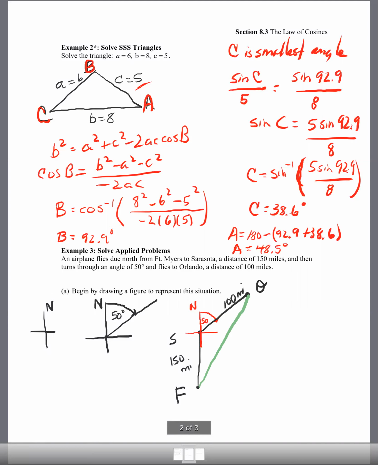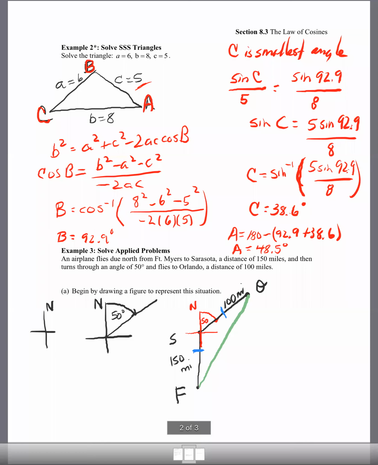In our case, you can see we've got two sides here. We actually have the side of 150 miles. We also have another side of 100 miles. We actually do know the information about the angle between those two. If you look at the picture, the north-south line is actually 180 degrees from north to south. And so here we had to turn through 50 degrees.